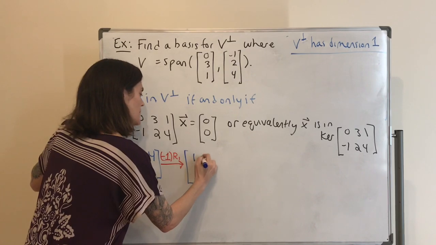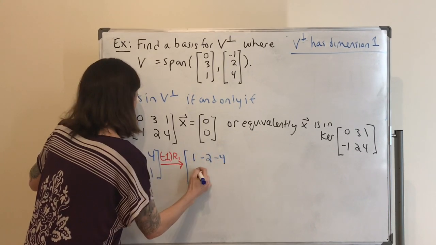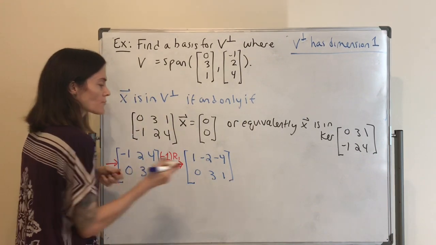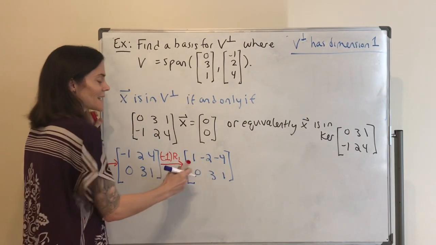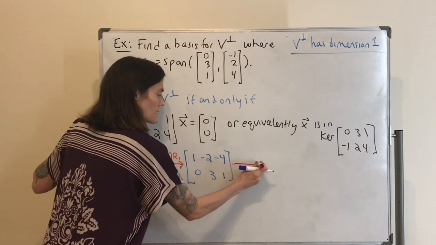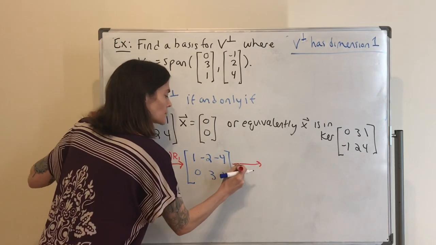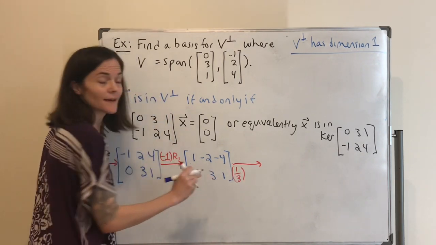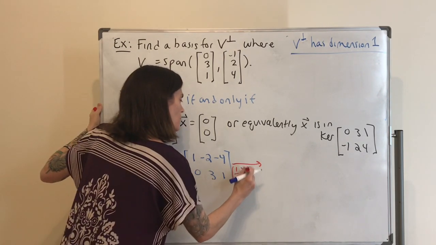This becomes 1, minus 2, minus 4. This has not changed. Now I need to multiply row 2. I could have technically done it in the same step, but I'll do it in 2 steps. Multiply row 2 by a third, and this will turn this into a 1.